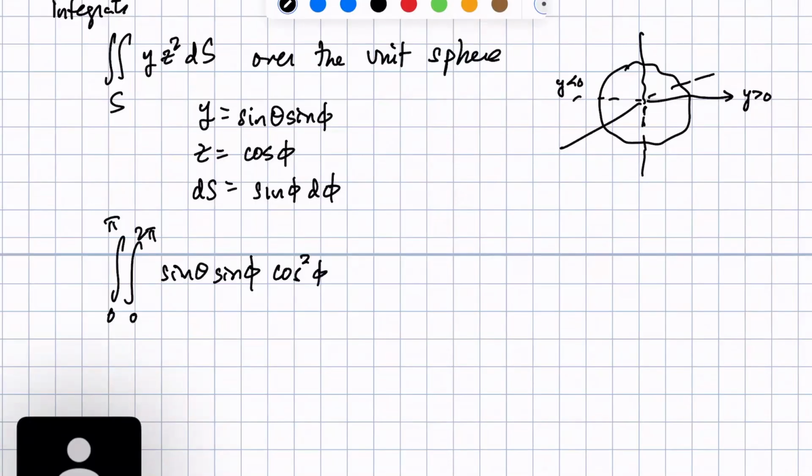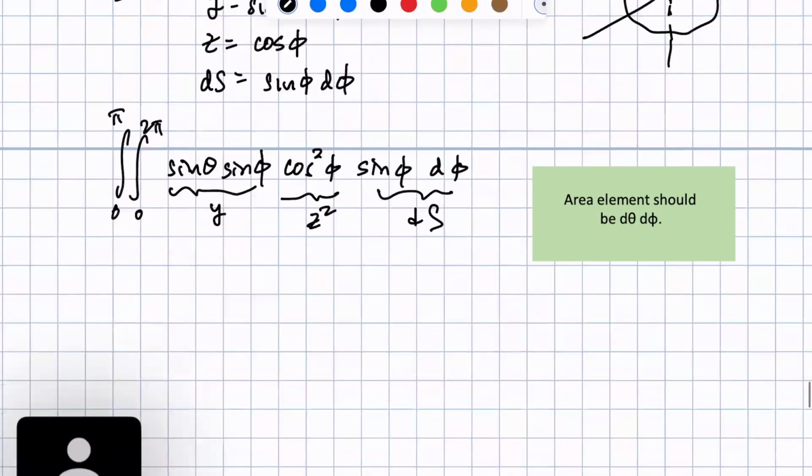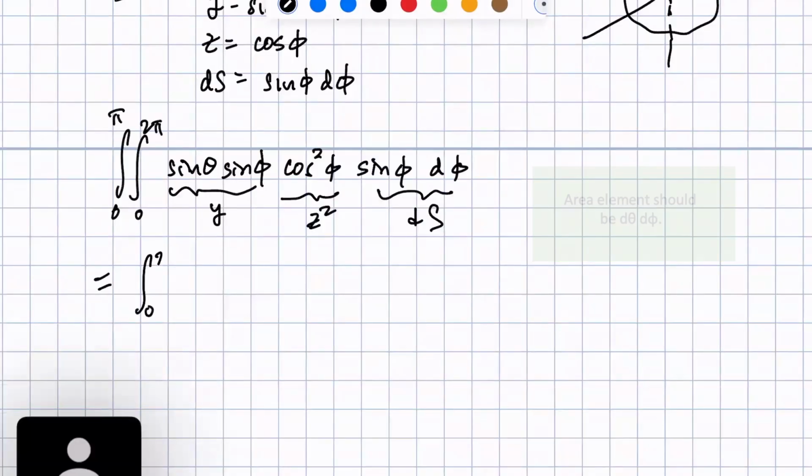And then I have another sine phi lurking out back here. So this is my y, this is my z squared, and this is my dS. Now, I can break this up into an integral with just sine theta, and then the rest of it goes with the phi.